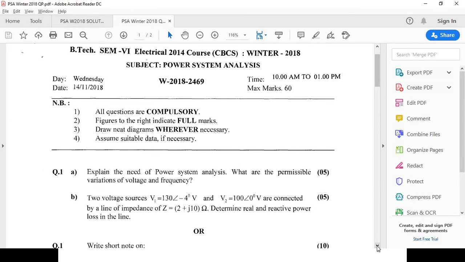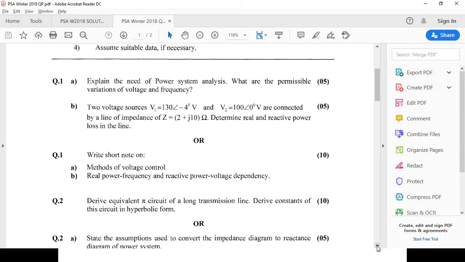Okay, so the question is the numerical in question number 1b. This numerical is based on the syllabus complex power. We had already discussed numericals based on complex power.